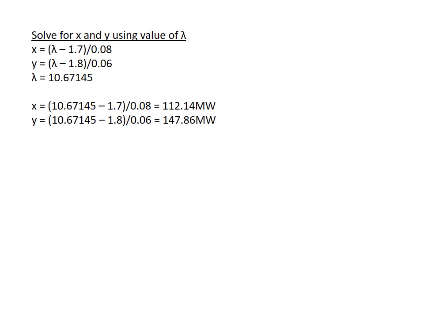And then we plug that back into the equations for x and y, and we get specific values for x and y here. Just ignore the MW at the end. I told you this was unitless, and it shouldn't say megawatts. It should just be 112 units of x and 147.8 units of y. So those are the values of x and y that minimize this combined cost function.